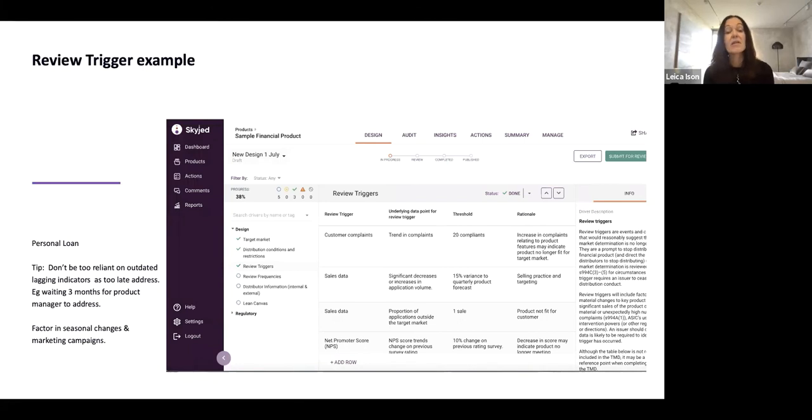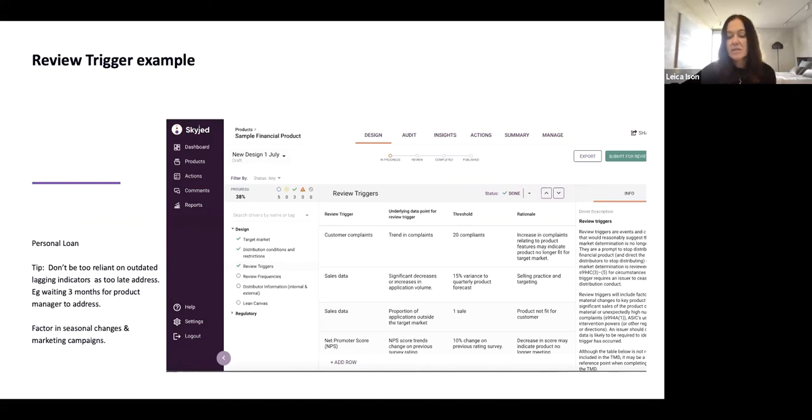So I've added in here things like Net Promoter Score. And when I'm setting the thresholds, I'm also looking at which of these triggers I want to set and monitor on a monthly basis. And some of the other triggers, I'm looking at those in terms of trends over a three-month period. But I'm being quite specific about how I set those and then the percentage change in the trend.